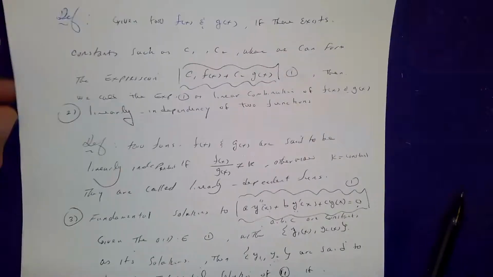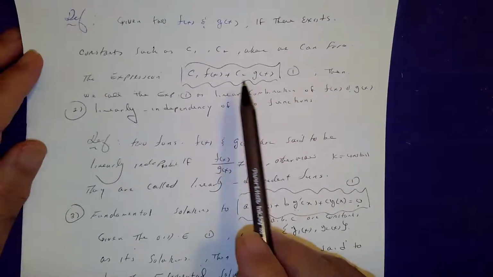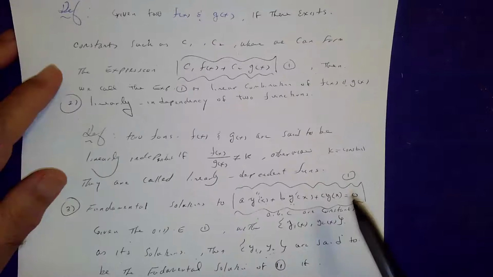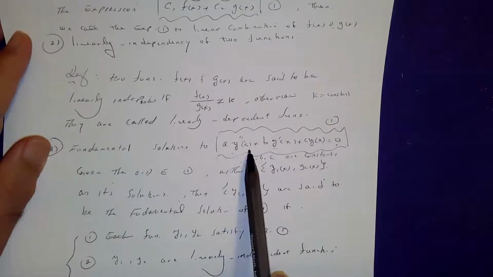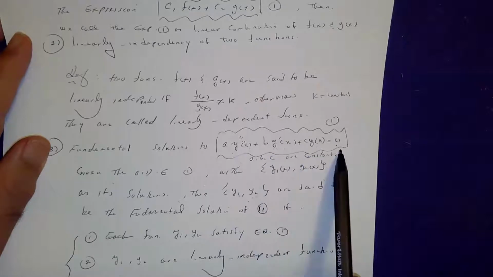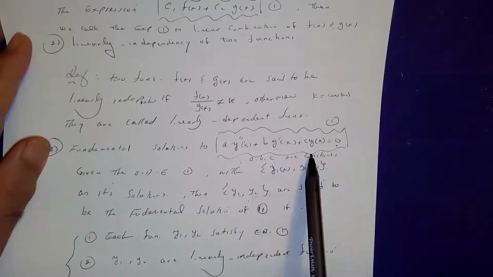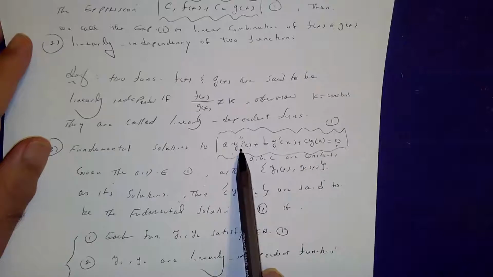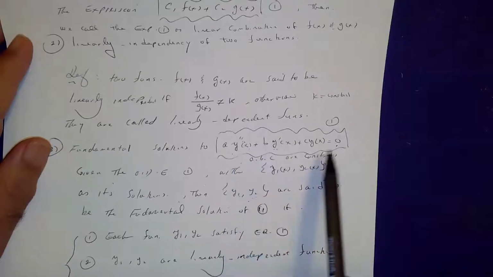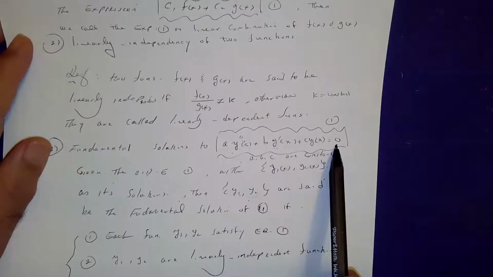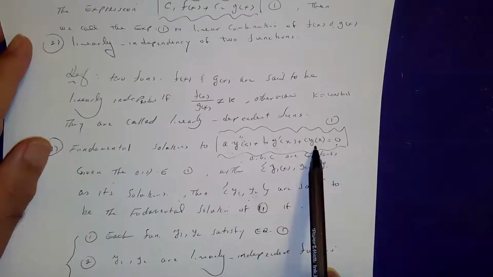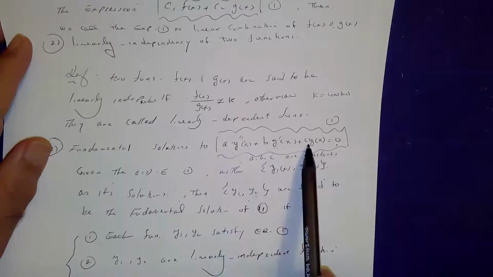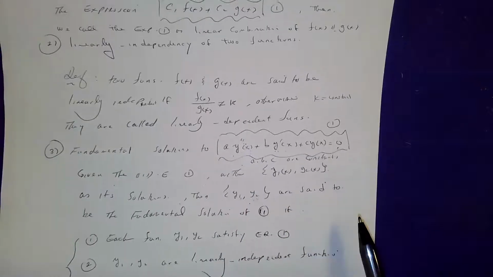Anyways, this is how the equations are going to look: a y double prime plus b y prime plus c y equals 0. These kind of equations are called second order, linear, homogeneous, because you got a 0, equation with constant coefficients. In other words, a, b, c are no longer functions of x, they are constant.